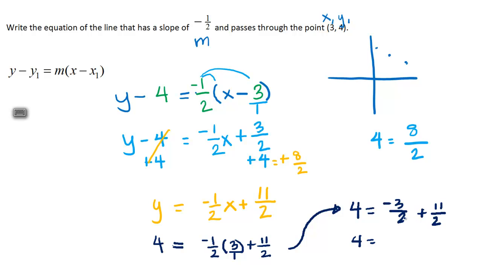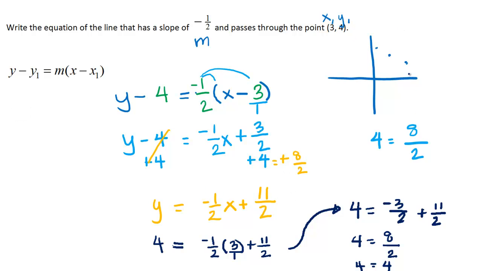Because the denominators are the same, we just add the top. Negative 3 plus 11 is 8. And then you keep your bottom. 8 over 2 is 4. And does 4 equal 4? Yep. That means that point is on this line, and the slope matches, so we're done.